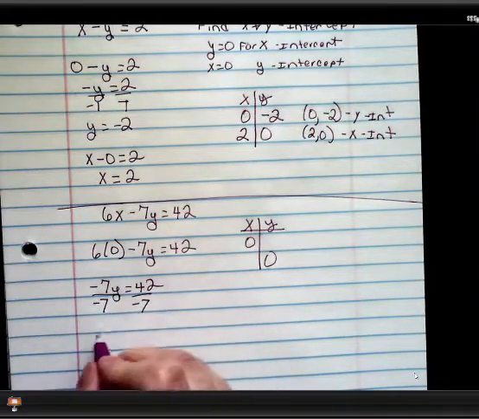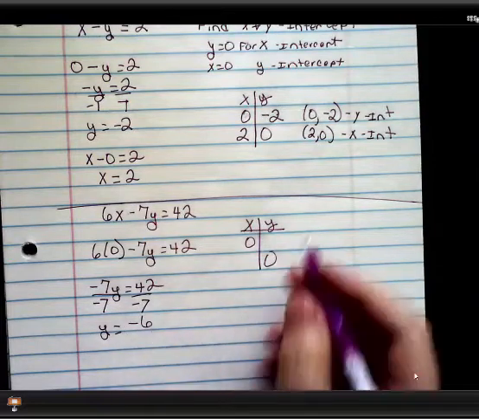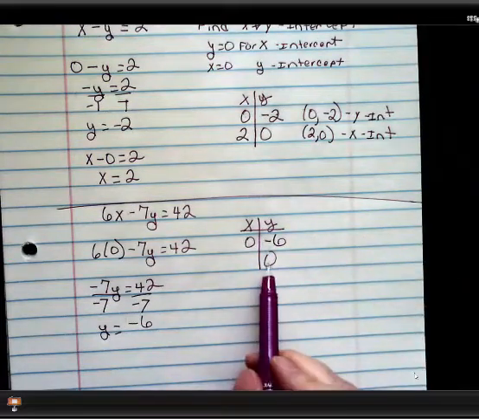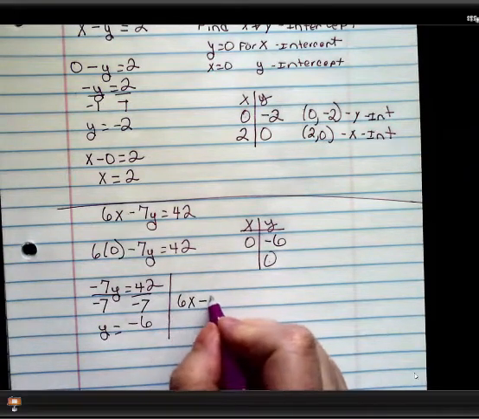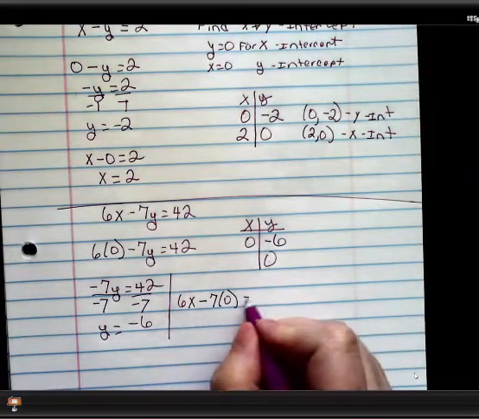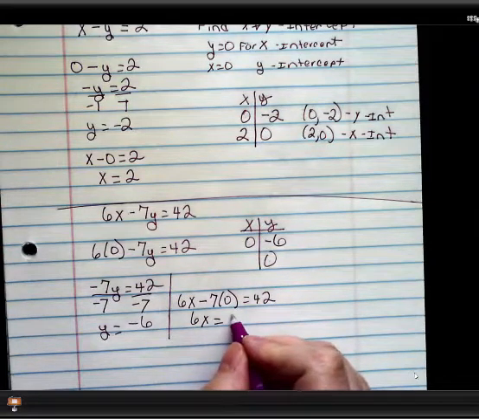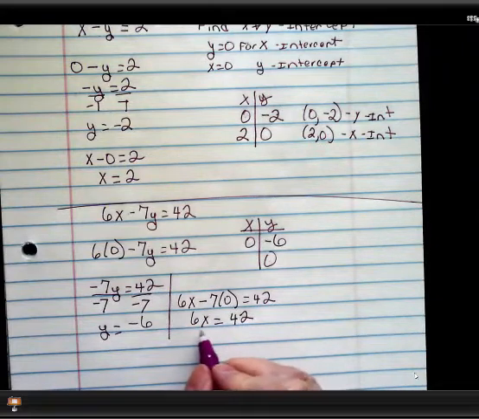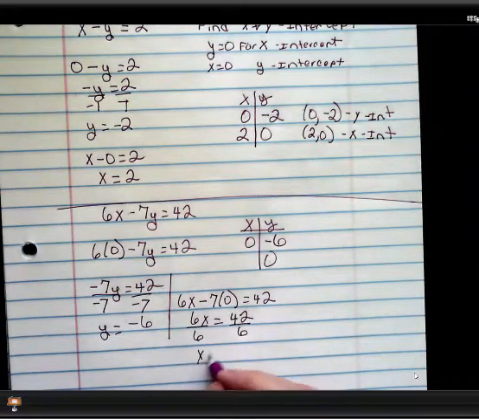Divide by negative 7, and y is negative 6. Now I'm going to do y is 0. So I have 6x minus 7 times 0 is 42. 6x equals 42. Divide both sides by 6, and x equals 7.